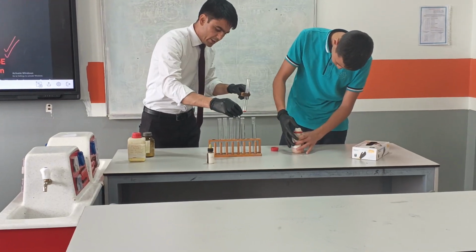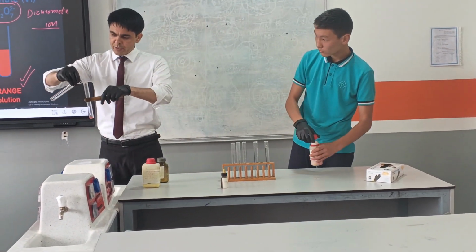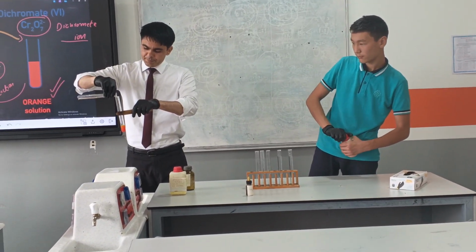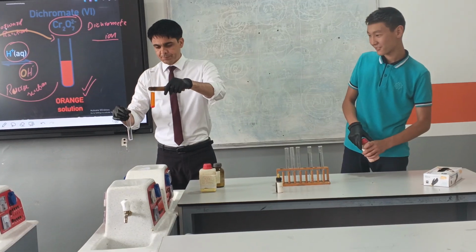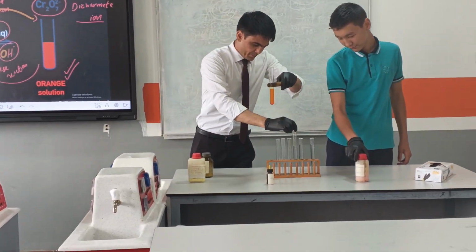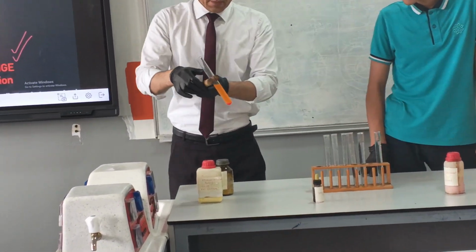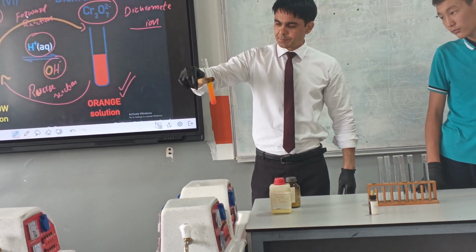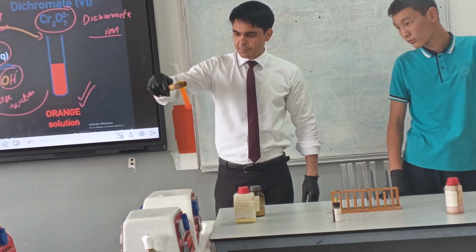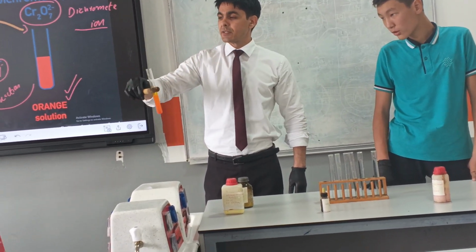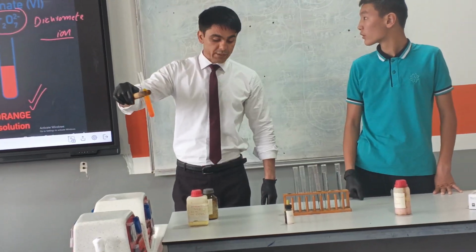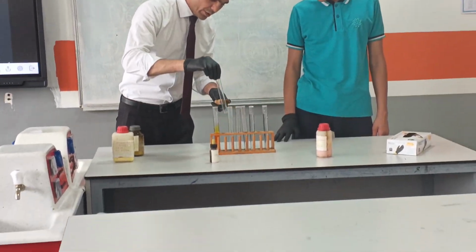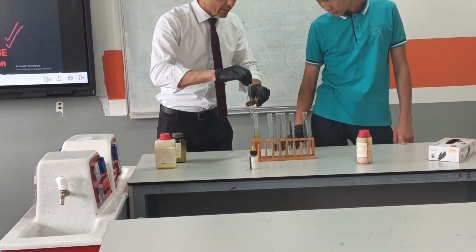Now we will add a little amount of water to make an orange solution. You can see. Just dissolve it completely. So now which solution is it? Orange. What is the name of this solution? Dichromate.